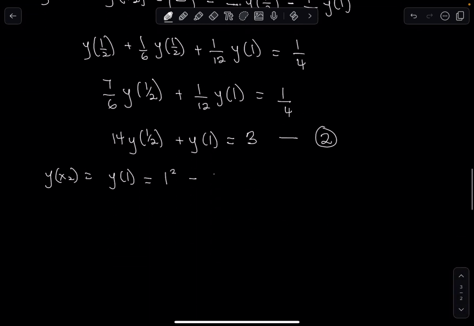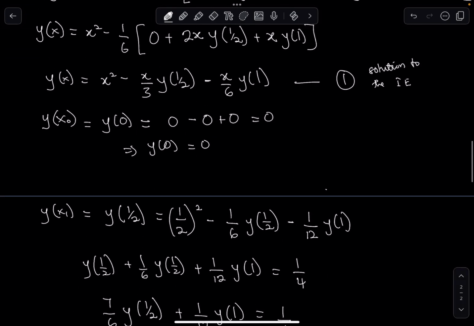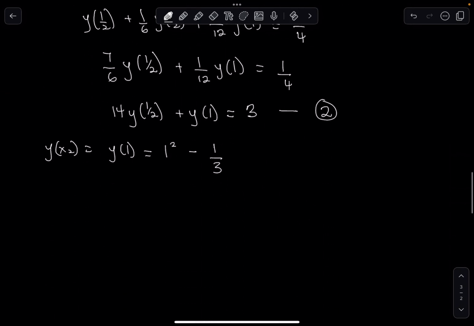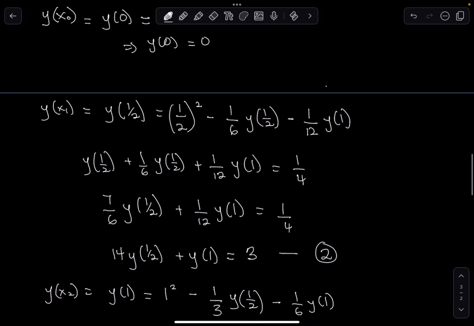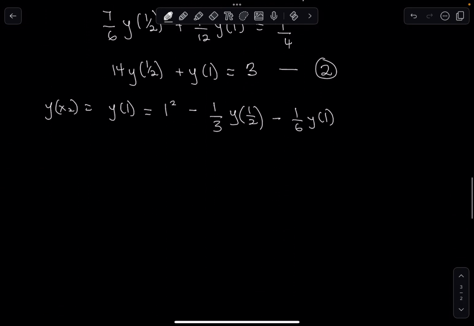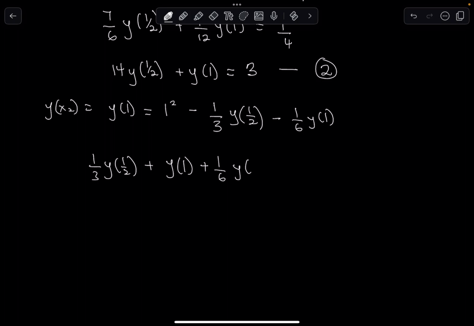That's going to be 1 over 3 times y of 1 over 2 minus 1 over 6 y of 1. Okay, so you're going to try and then simplify this as well, and this is going to be 1 over 3 y of 1 over 2 plus y of 1 plus 1 over 6 y of 1, and that should be equal to 1.